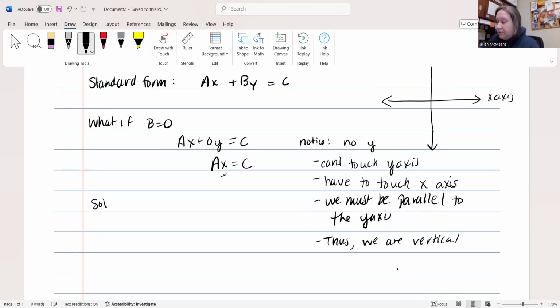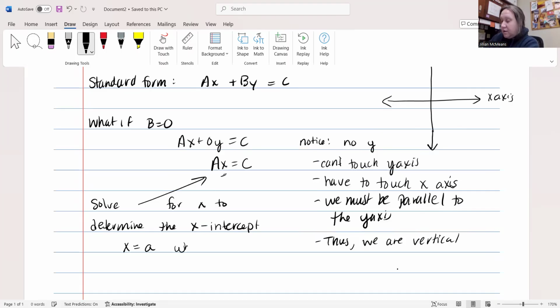So solve this for x to determine the x-intercept. You'll essentially get x equals a, where a is a real number, and more importantly, the x-intercept.